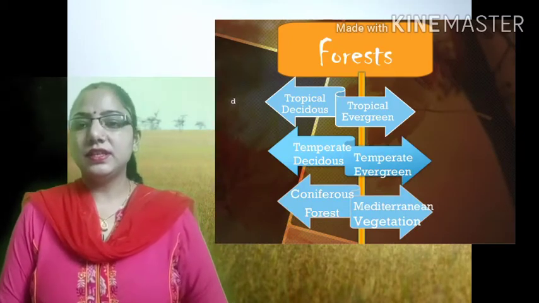So in that series, today we will study some more natural vegetation and their wildlife. These are the grasslands. The grasslands, students, are also divided into two parts, that is tropical grasslands and temperate grasslands.